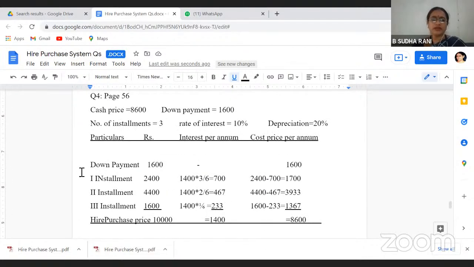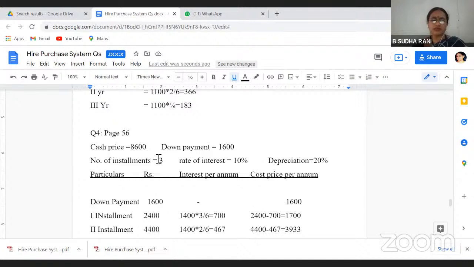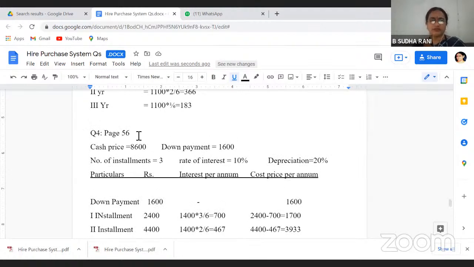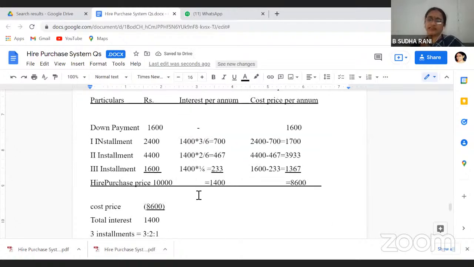So here, when installments are not equal, we calculate interest like this.